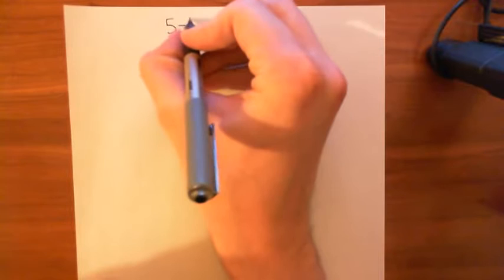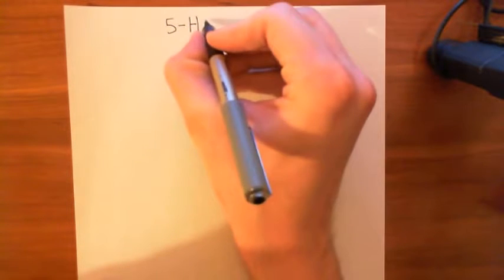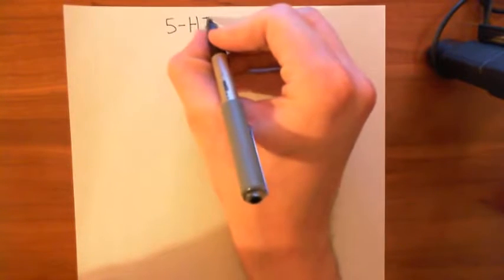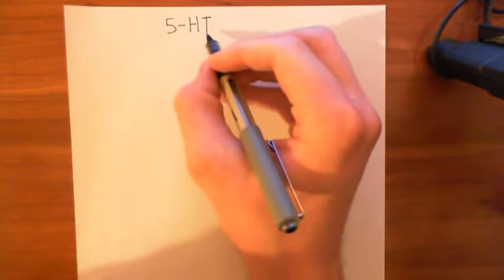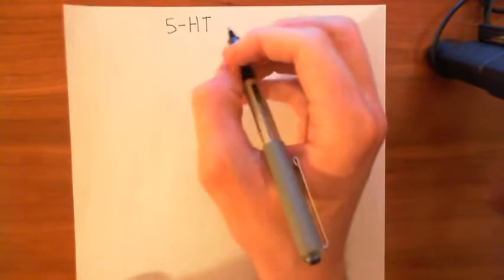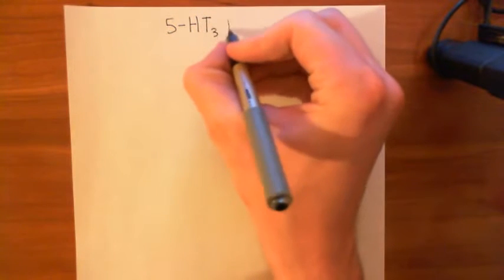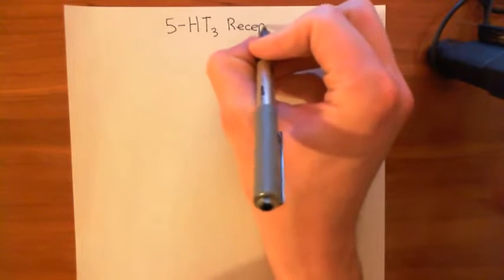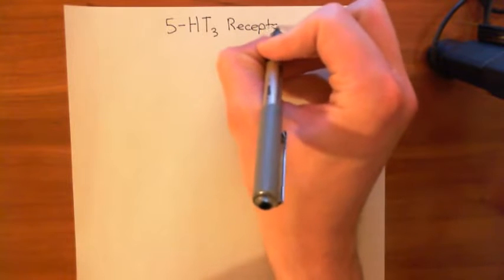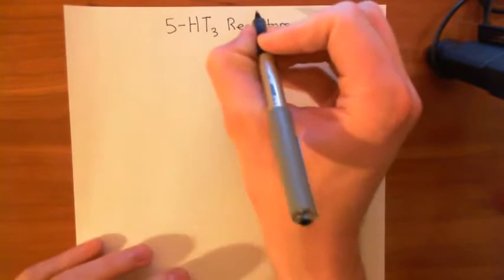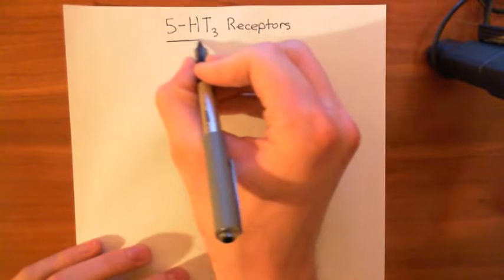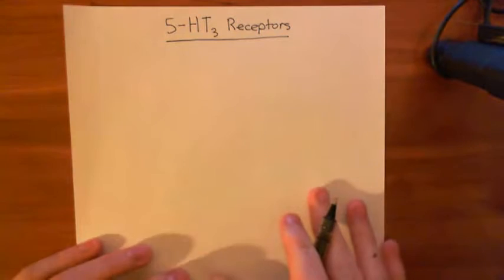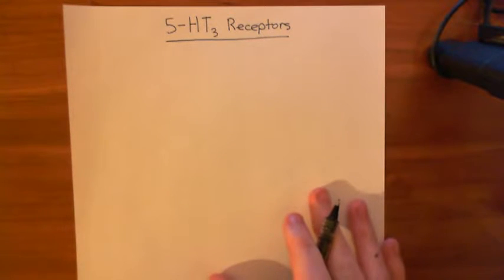We have seen how there are four main examples of cis-loop ligand-gated ion channels, which are the nicotinic acetylcholine receptor, the 5-HT3 receptors, the GABA-A receptor, and also the glycine receptor. In this video we're going to talk specifically about the 5-HT3 receptor, which is an example of a cis-loop ligand-gated ion channel.